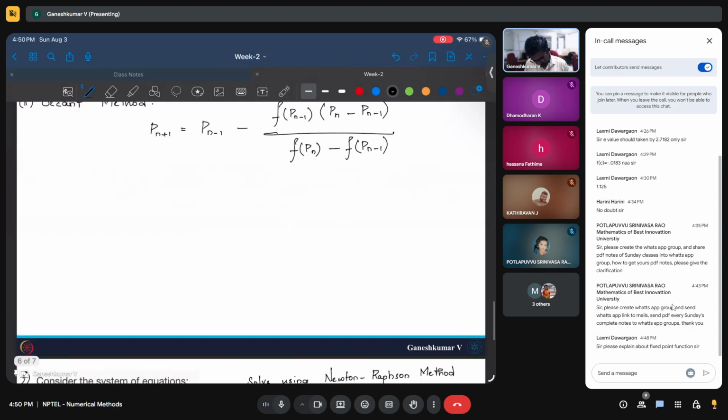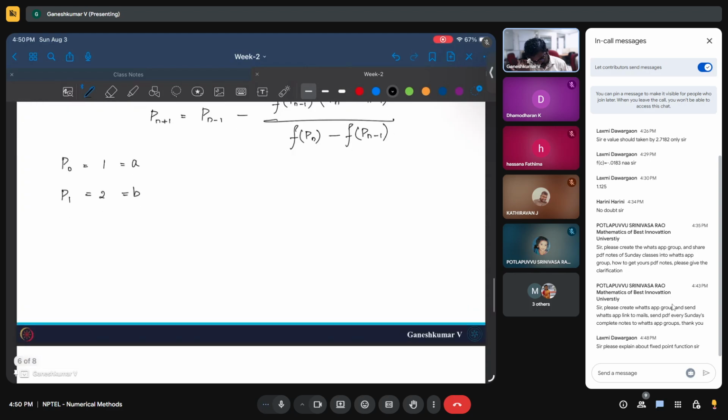Basically we know that p0 and p1, which are 1 and 2, or a and b. Between a and b the root lies. So from here you go forward and find p2, p3, p4, p5 until two consecutive p's match.